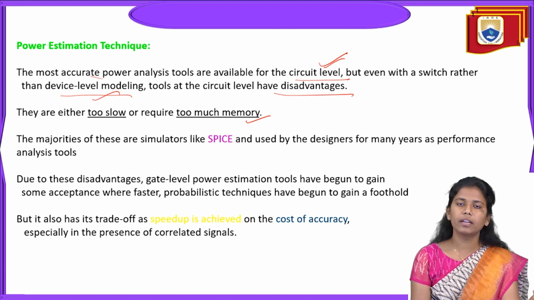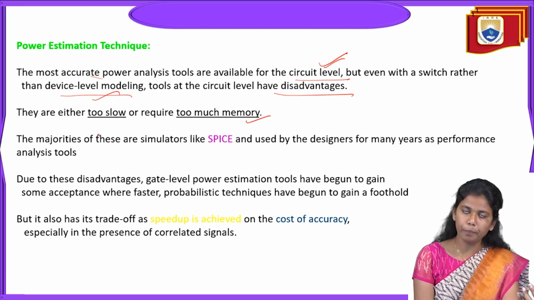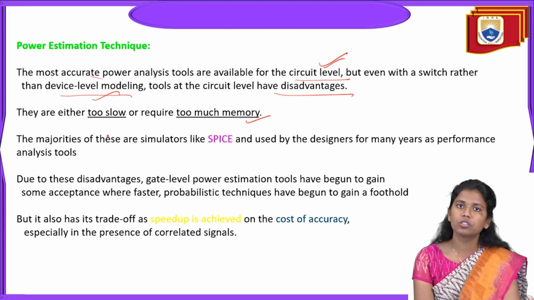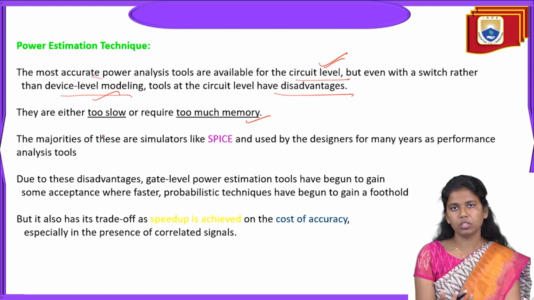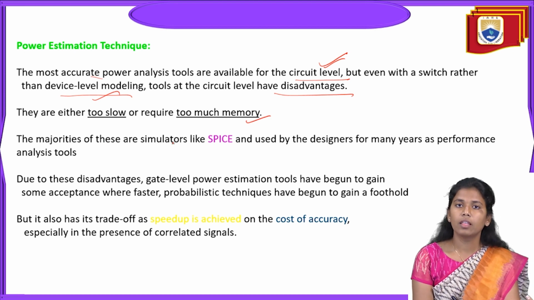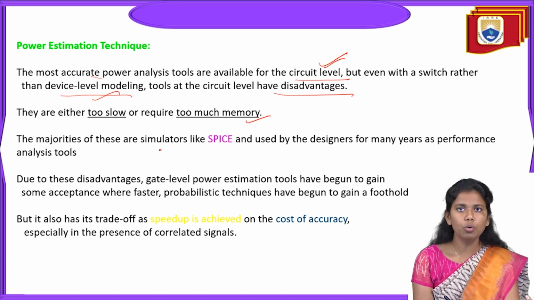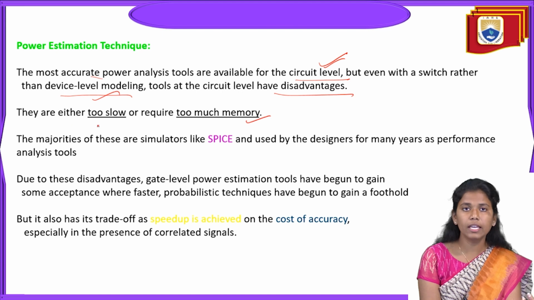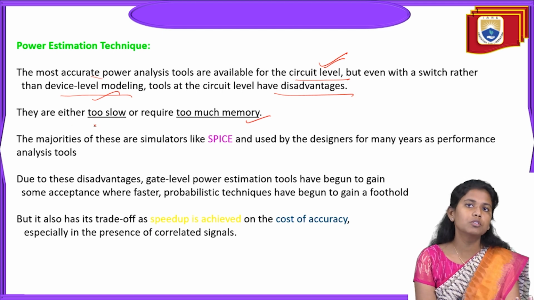So one disadvantage of the circuit level power estimation tools is that they can be too slow, or the consumption of memory will be too high.